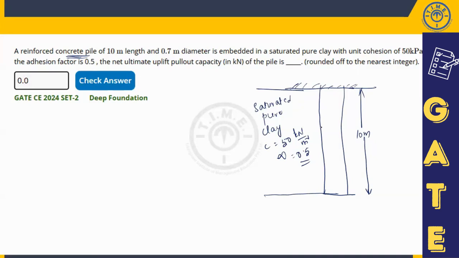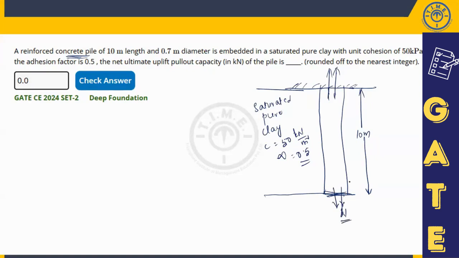One thing is the friction. In order to lift it upward, what is the opposing force? Can it be pulled freely? No. The opposing force will be the weight of the pile acting downward.